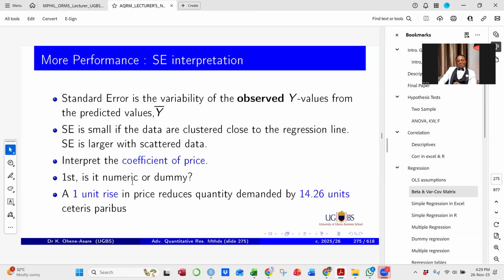It's not changing dynamically every time. So interpretations matter. If it is a numeric variable like our price, you interpret it as: a 1 unit increase in the price will reduce the quantity demanded by 14.2 units, holding all other factors constant. Why reduce? Why do you think I use the word reduce here?